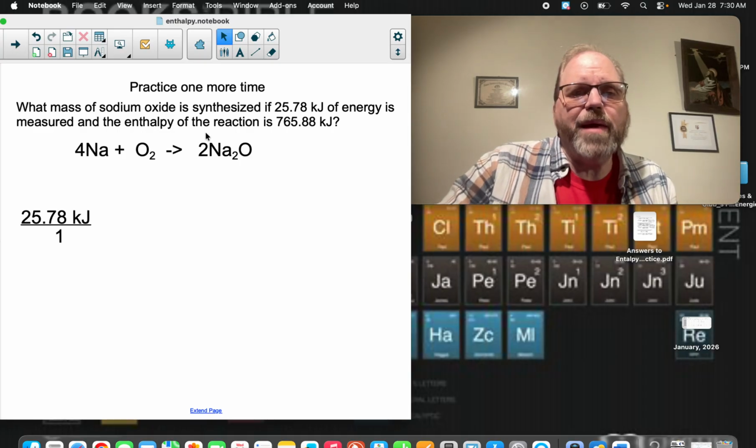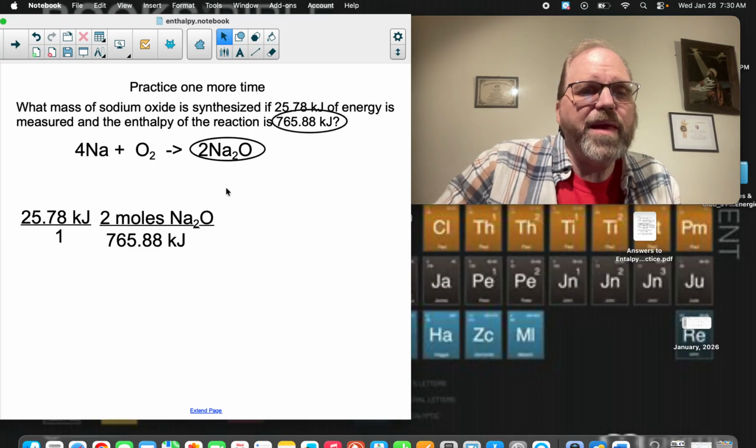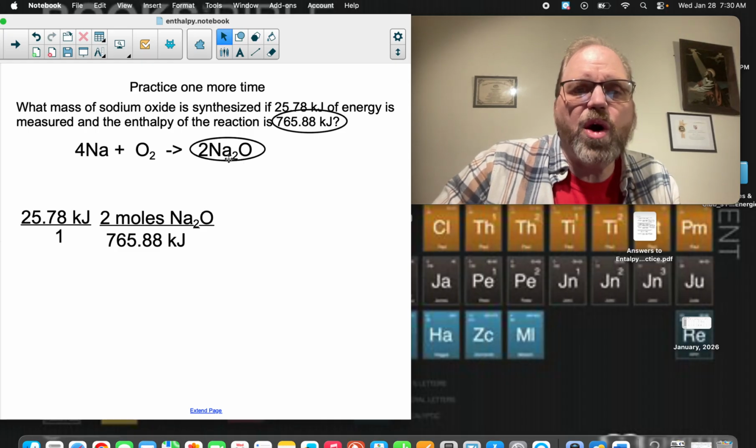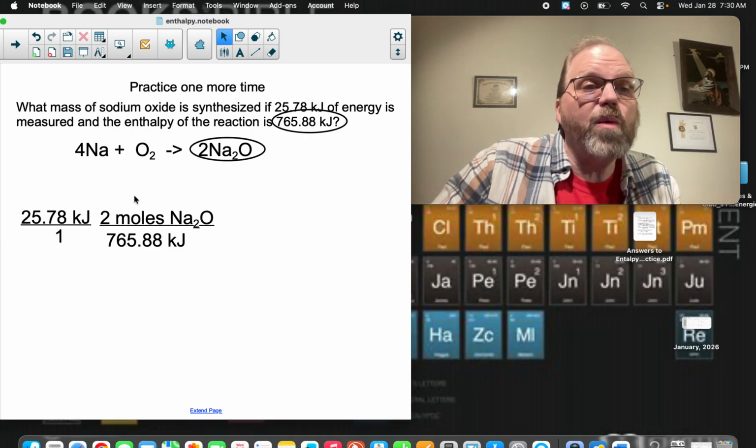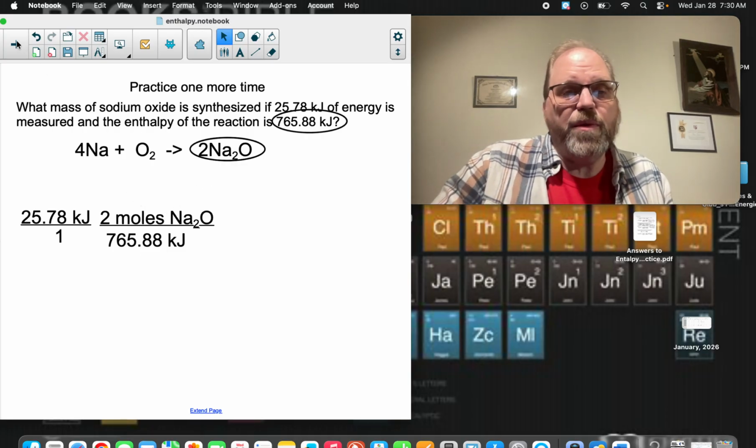Now from the problem, it tells us it's 765.88 kilojoules, and it's for 2 moles, because we have 2 moles of Na2O. There is no per mole here, so we have to go to the problem. Right there we have 2, so we put a 2 here from the reaction.